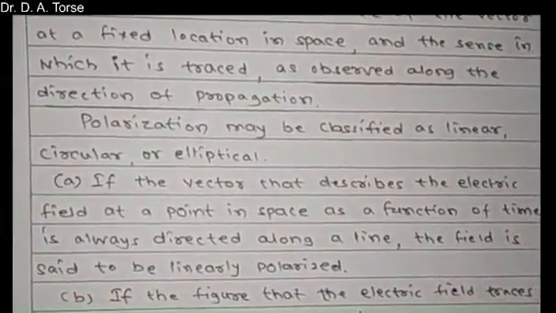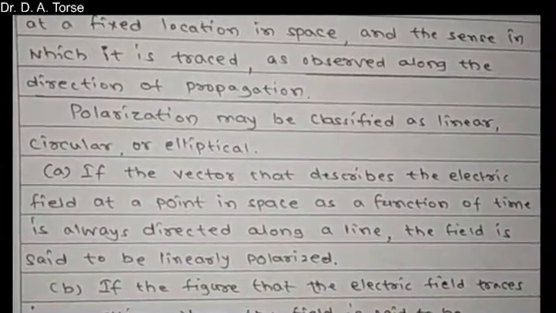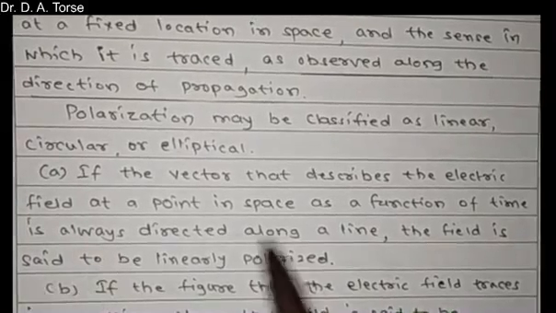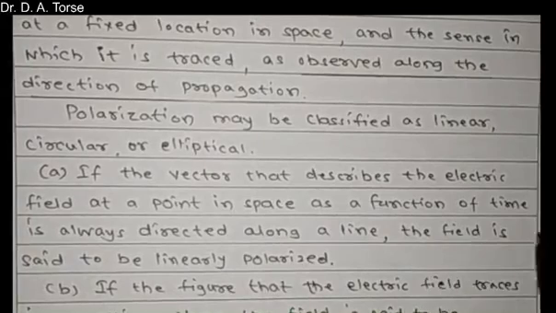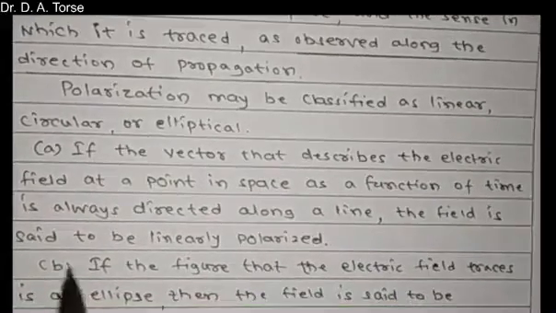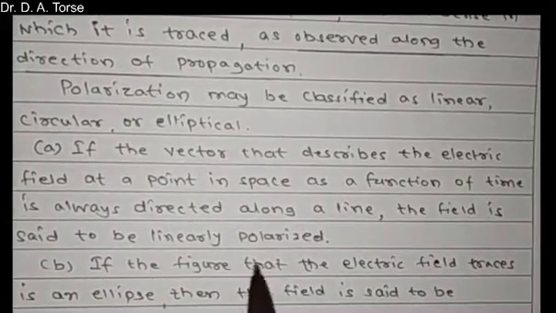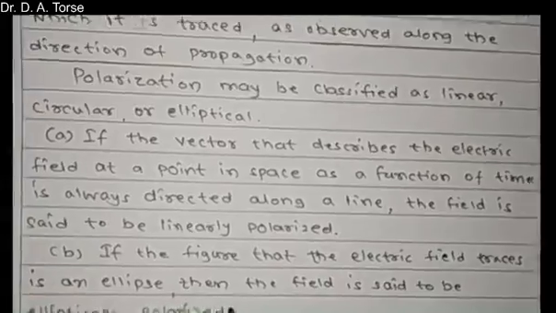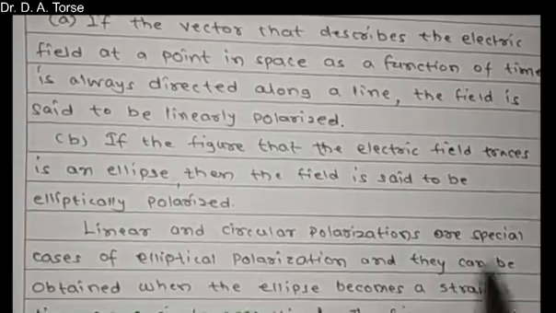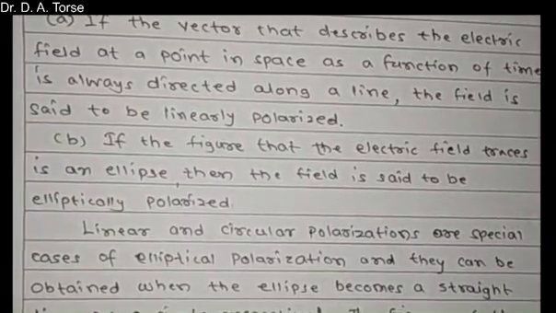In linear polarization, the electric vector radiated by the antenna in free space varies as a function of time, and it is always directed along a line, and then the field is said to be linearly polarized. Whereas if the electric field is tracing an ellipse, then the field is said to be elliptically polarized. So the linear and circular polarizations are special cases of elliptical polarization.